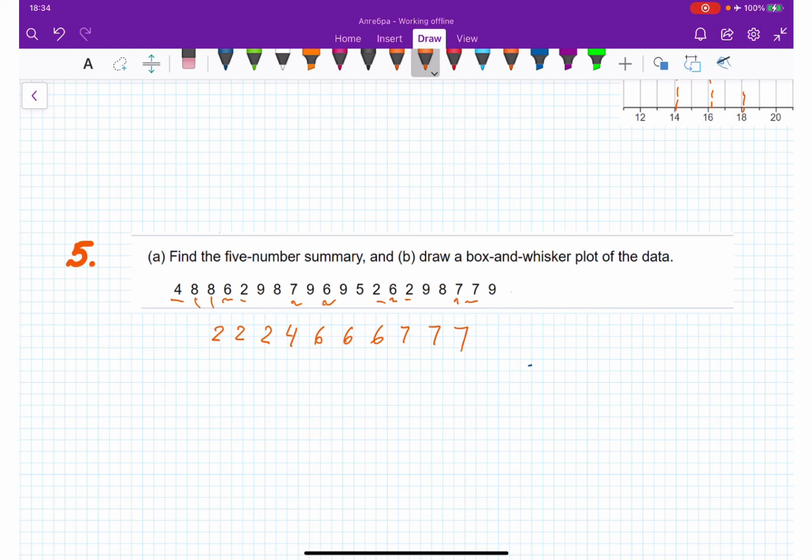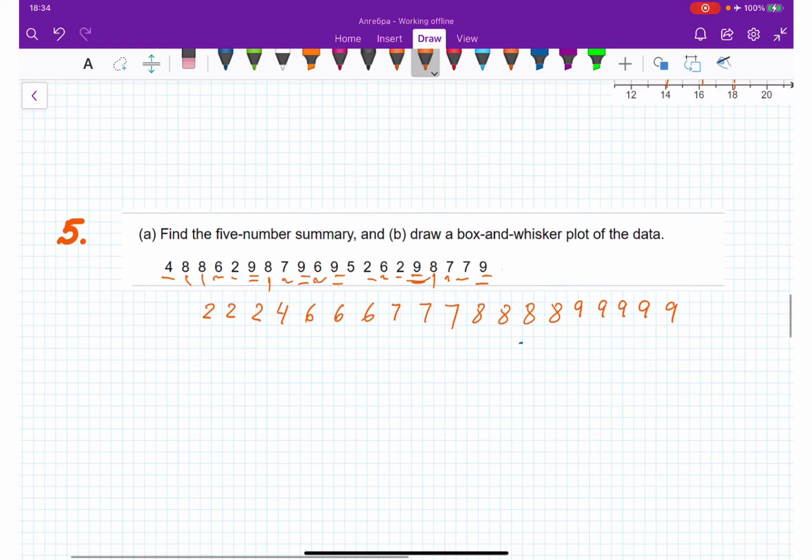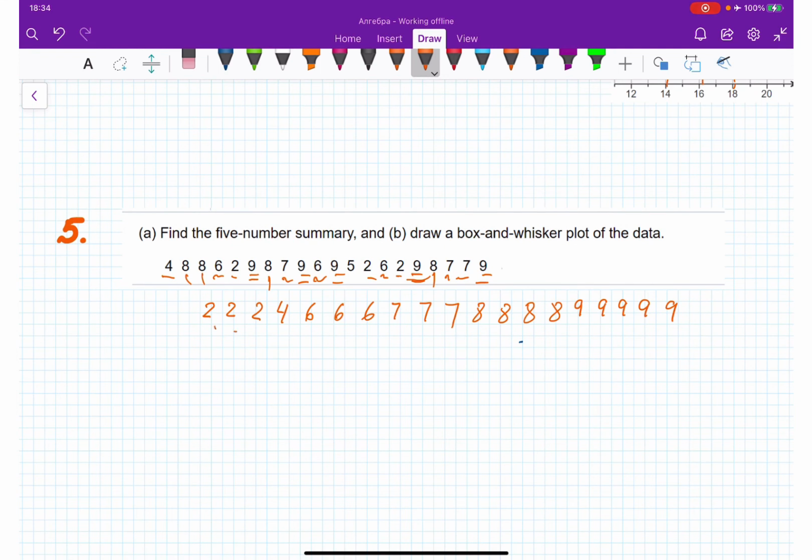And then 8, 8, 1, 2, 3, 4. 1, 2, 3, 4. And 9, 1, 2, 3, 4, 5. 1, 2, 3, 4, 5. I didn't leave out anything, right? So how many total do we have? 1, 2, 3, 4, 5, 6, 7, 8, 9, 10, 11, 12, 13, 14, 15, 16, 17, 18, 19.